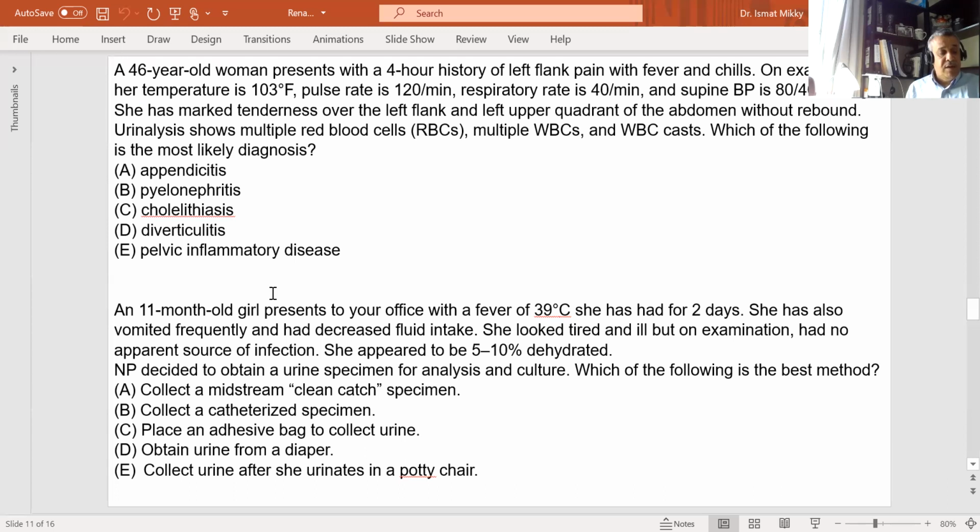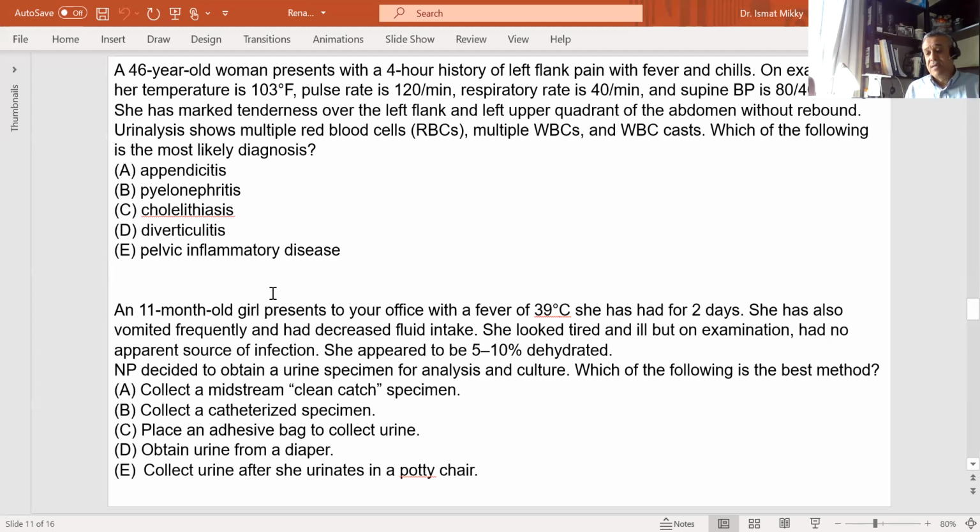Detection of white blood cells, leukocyte casts, is the indication that it's pyelonephritis. Common symptoms would include fever, chills, nausea, vomiting, diarrhea. So there are systemic manifestations.